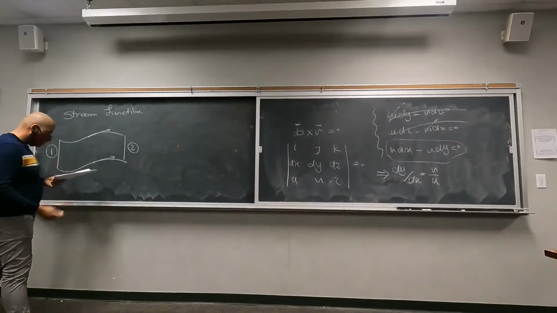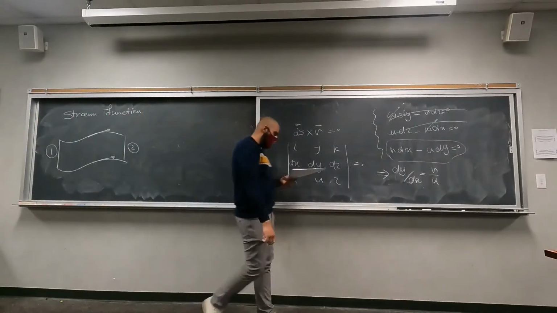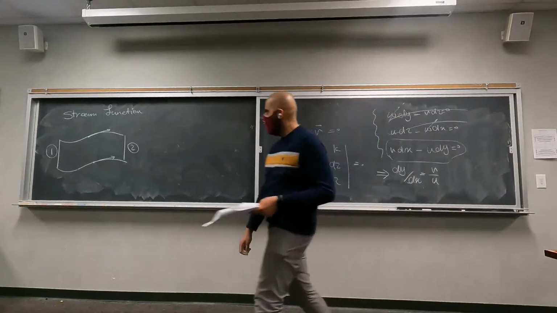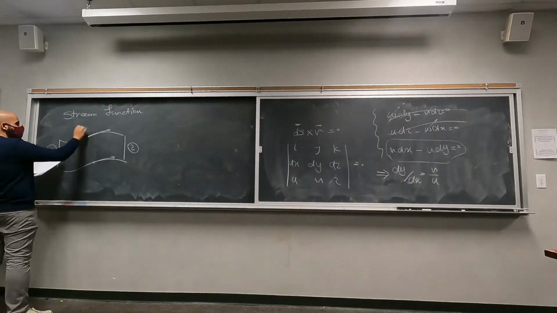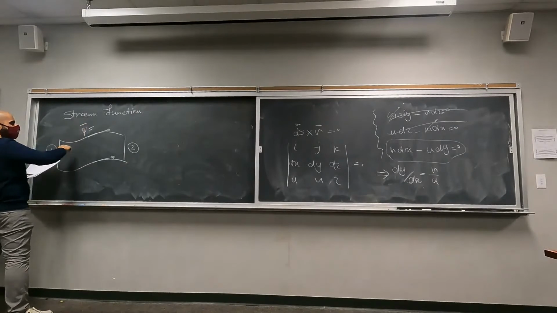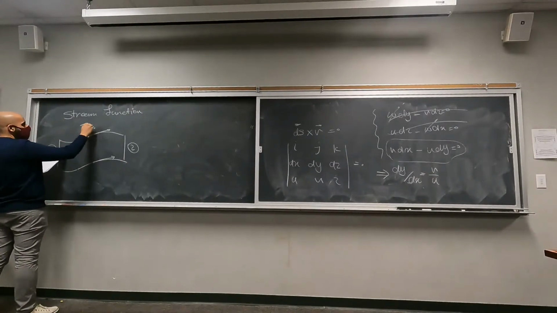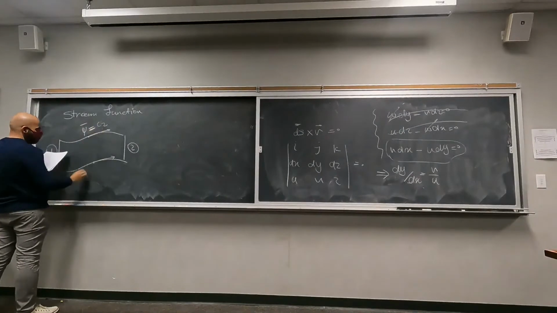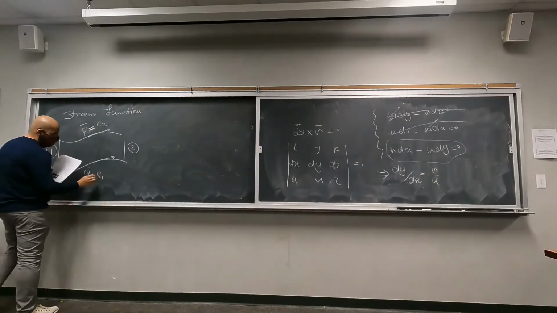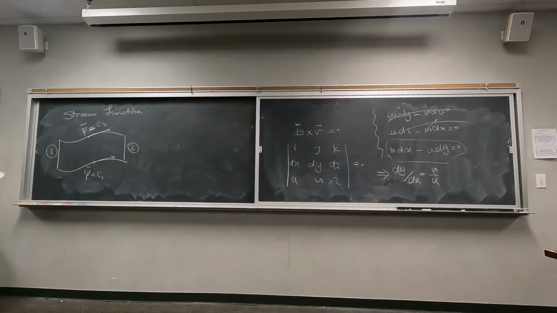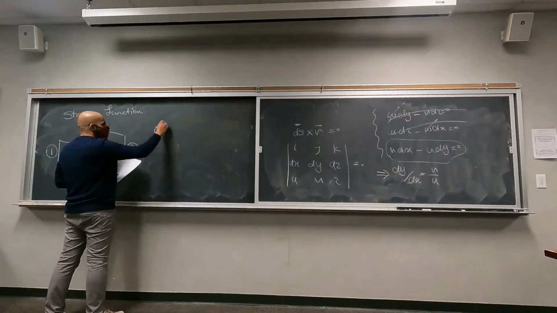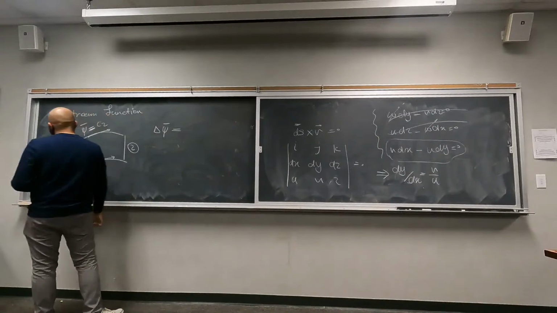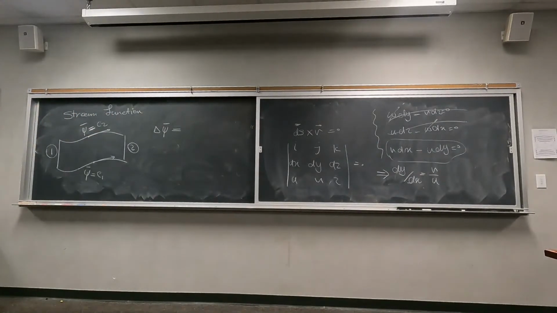So we're going to define this stream function. Let's call this psi bar. The value of the stream function at the streamline C2, and at the streamline C1, right? The difference between the amount of mass between the two lines, this is called psi.